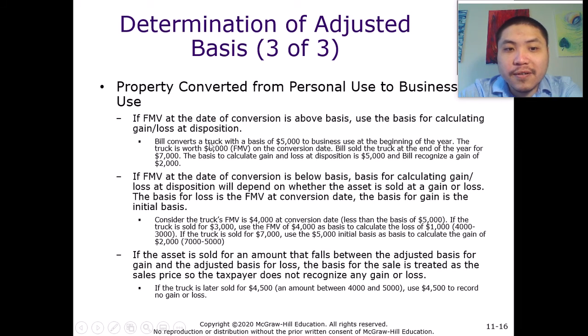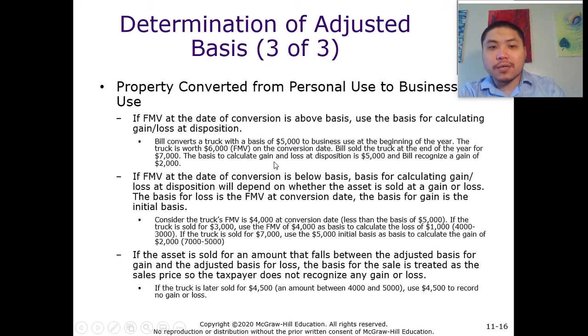So in this case, the fair market value is greater than the basis. Later, at the end of the year, Bill sold the truck for $7,000. So in this case, we're going to use the $5,000 as the basis for the truck.